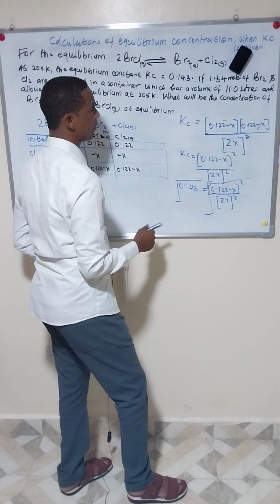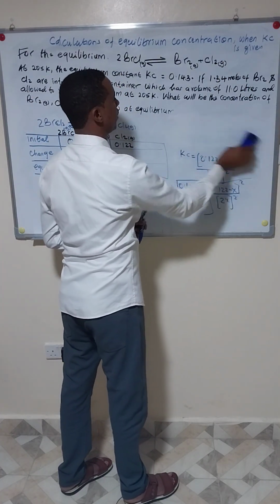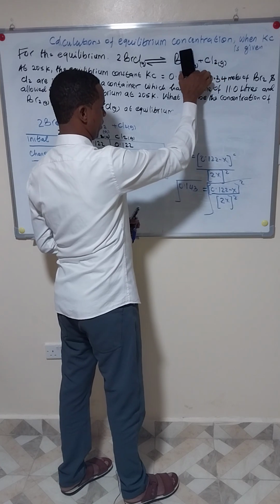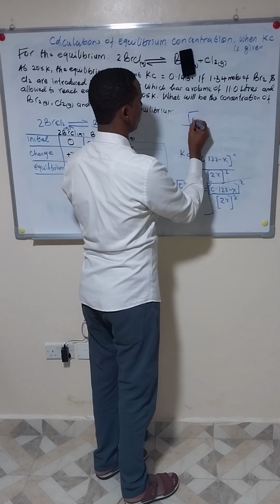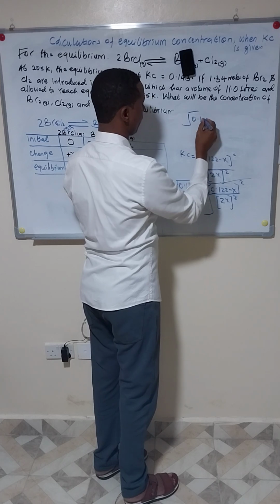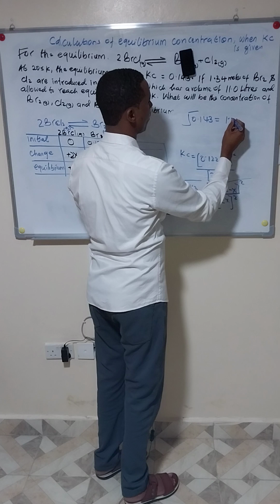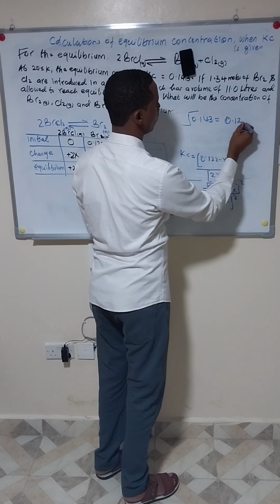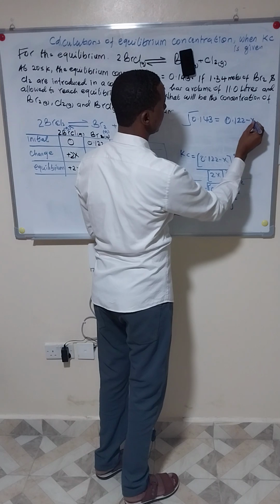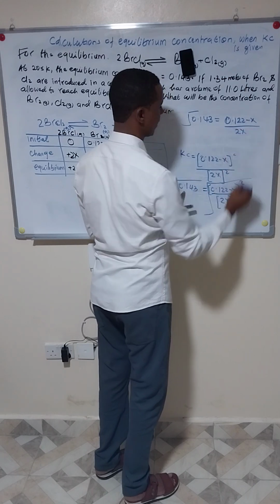So here we have the square root of 0.143 is equal to 0.122 minus x all over 2x.